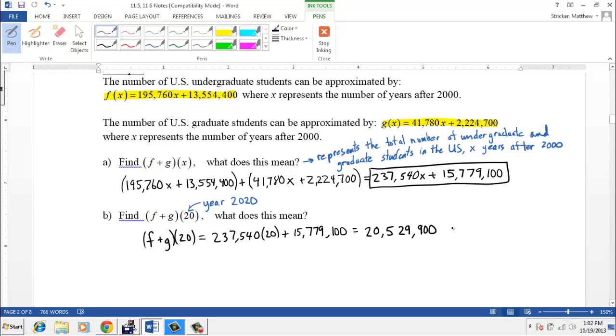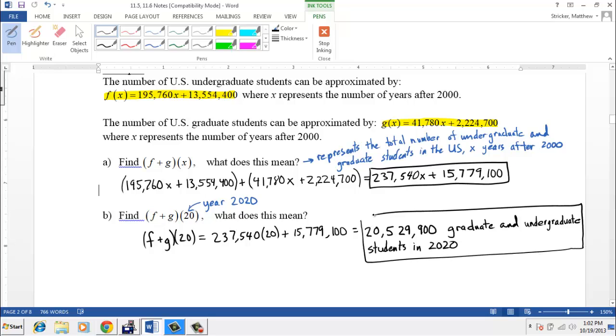I almost said students, but I should say graduate and undergraduate students in 2020. Approximately, it's not exact. This is an approximation.